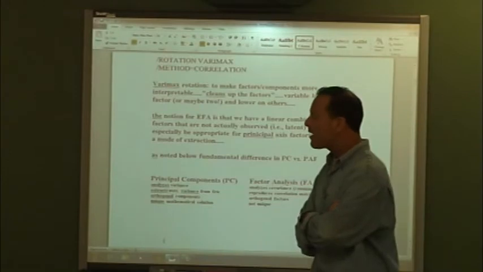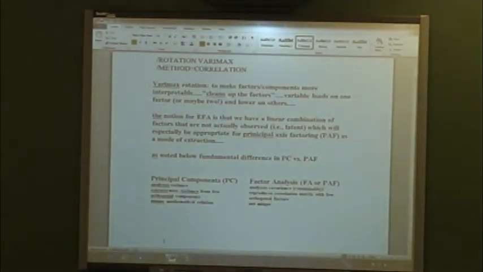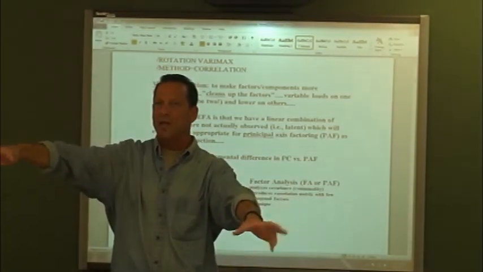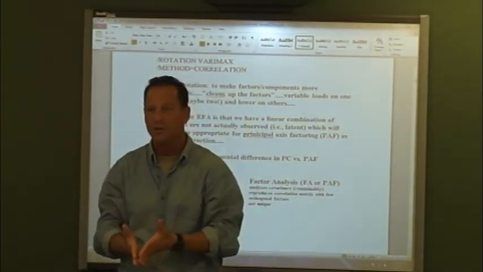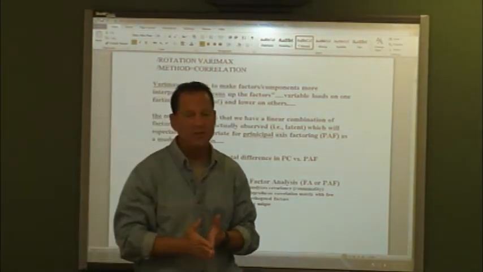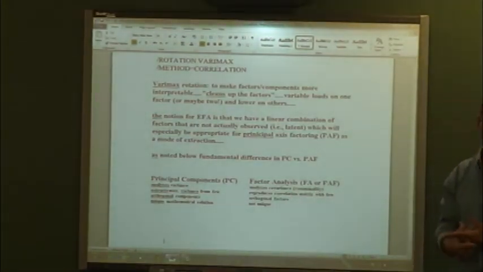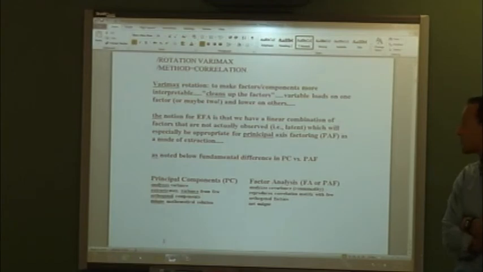See, you may have 25 items, but maybe there are 4 components. So you're going to have component 1, component 2, component 3. You're going to find it cleans up the columns. You're going to get these things called factor loadings, which are very similar to what you get in discriminant function analysis. You're going to see a lot of parallels with discriminant function analysis. The notion for EFA is that we have a linear combination of factors that are not actually observed.